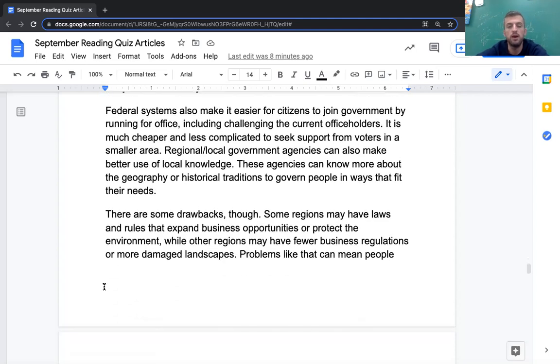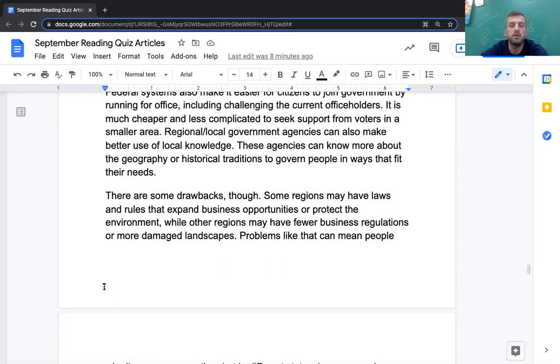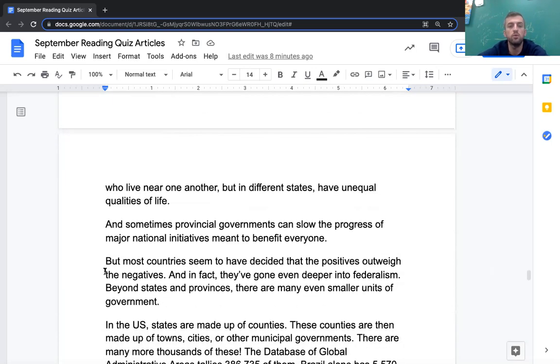There are some drawbacks, though. Some regions may have laws and rules that expand business opportunities or protect the environment, while other regions may have fewer business regulations or more damaged landscapes. Problems like that can mean people who live near one another, but in different states, have unequal qualities of life. And sometimes provincial governments can slow the progress of major national initiatives meant to benefit everyone.